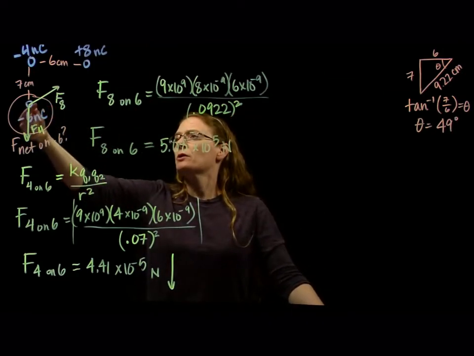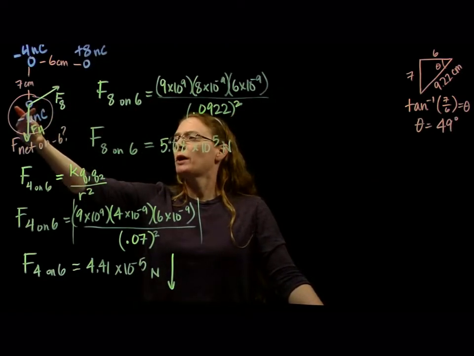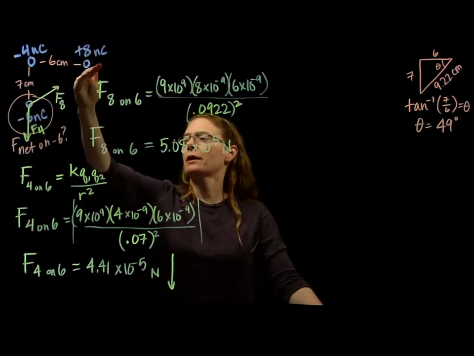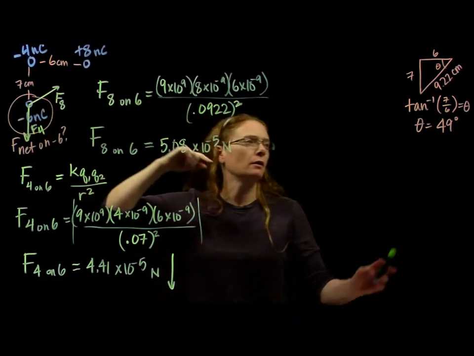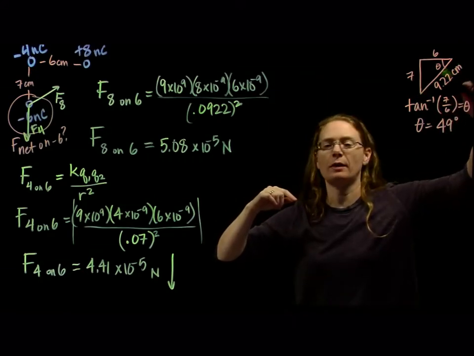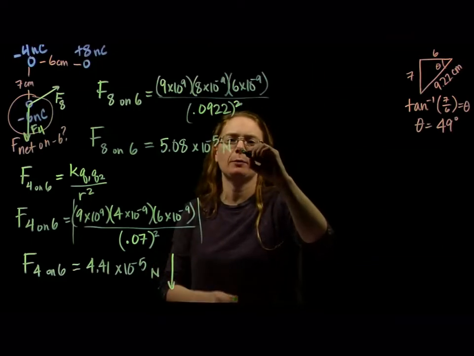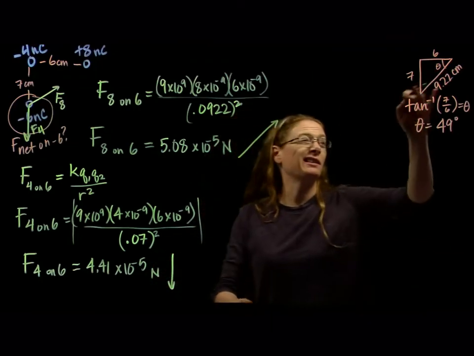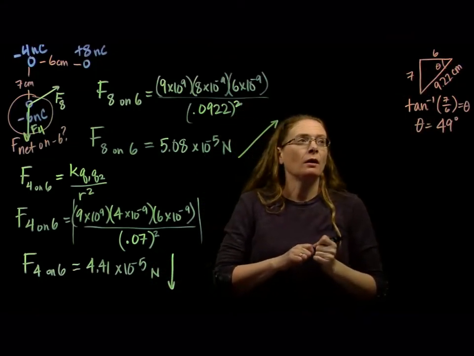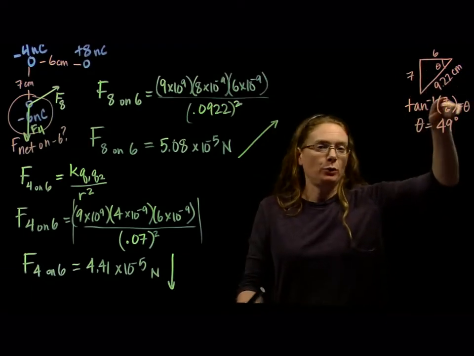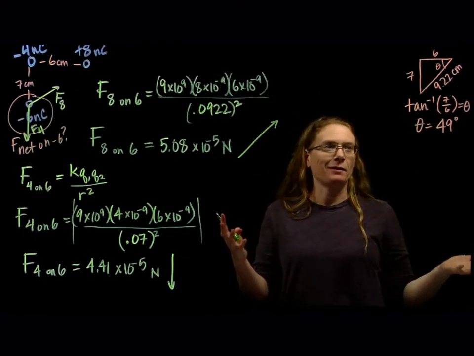And this force is attracting up. The 8 is attracting the 6 up along this direction. Well, this direction is the same as this direction, because that's the same triangle. So I need to describe it somehow using this triangle. And the 6, 7, and 9.22 aren't helpful. Those are the size of the sides.